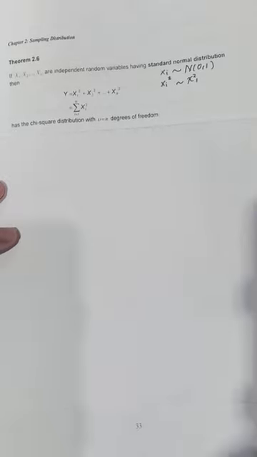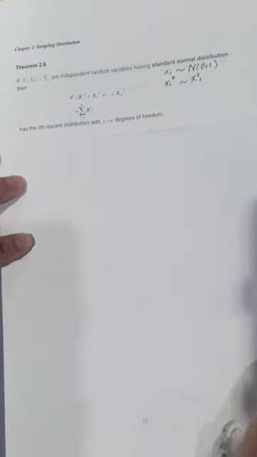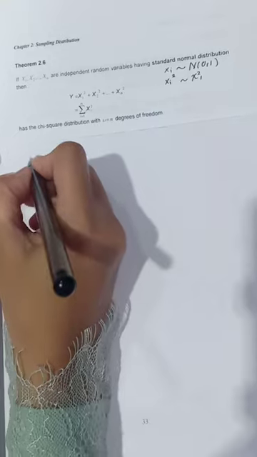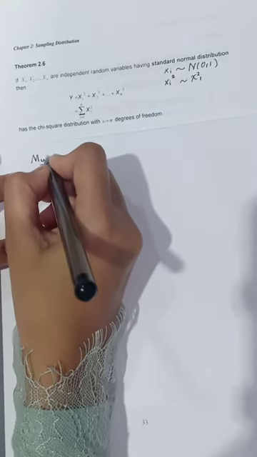So how can we prove this? We should start with finding the MGF for Y. Okay, to prove this, I will use the MGF technique, which is the moment generating function technique that you have learned before this in chapter 1, the third technique, remember?